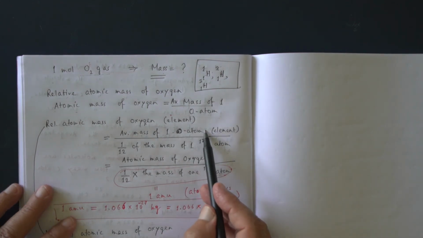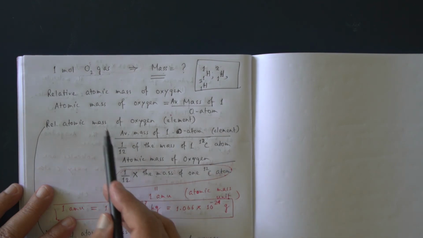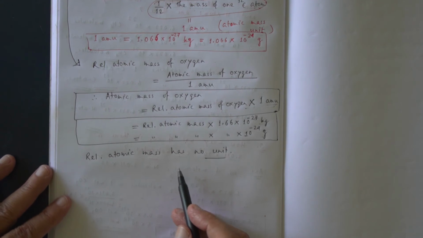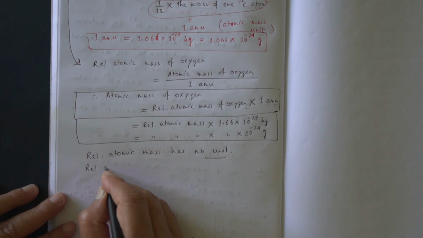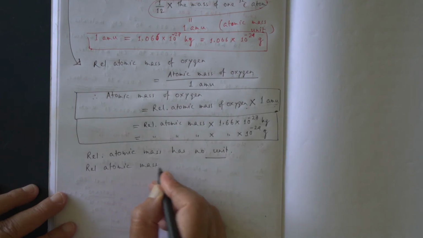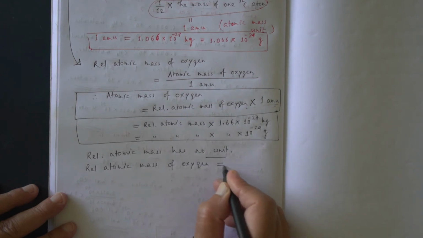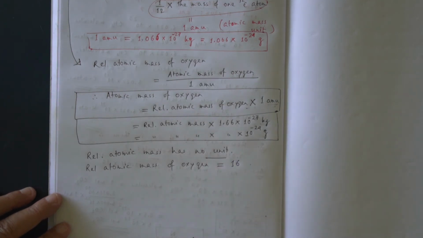If it is kg, then kg cancels. So relative atomic mass has no unit. Now relative atomic mass of oxygen is equal to 16. No unit. Just 16.